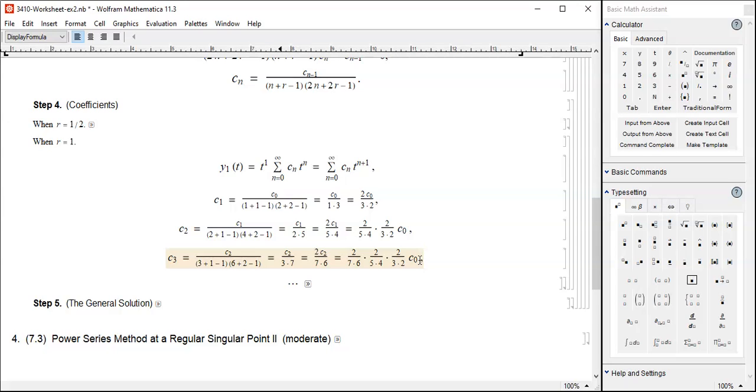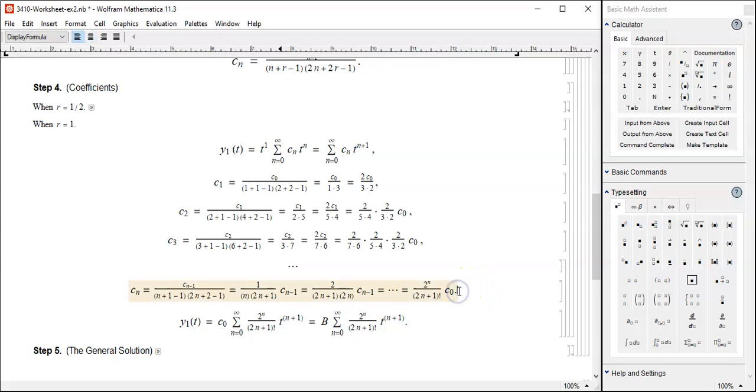Maybe with some difficulty we're going to get this 2 times 2 times 2, those kinds of things showing up in the numerator, and in the denominator you have factorial showing up again. In the end, this is what we get, 2 to the nth power, and the denominator is factorial for odd numbers. So that's what we get, 2 to the nth power over this (2n plus 1) factorial in the denominator.